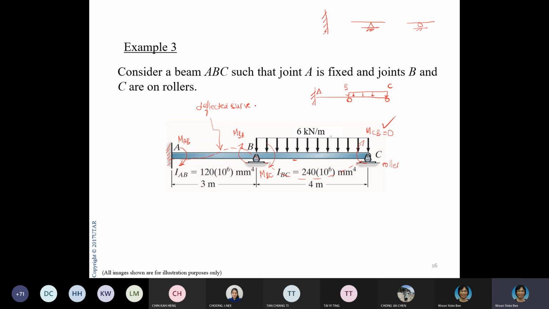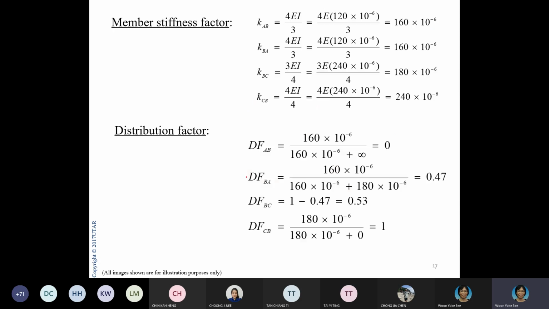To use the moment distribution method, the first thing that we need to find is your member stiffness factor.